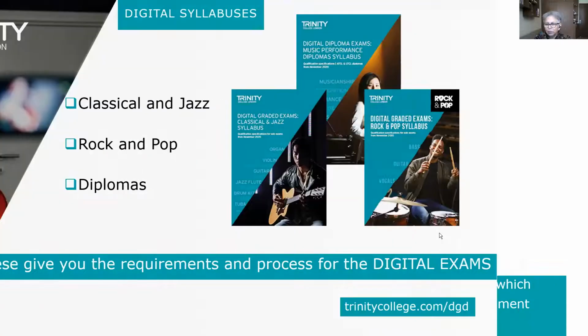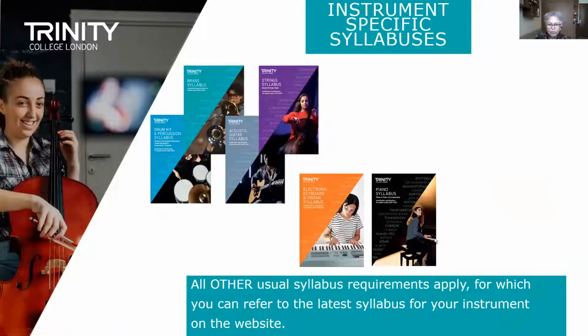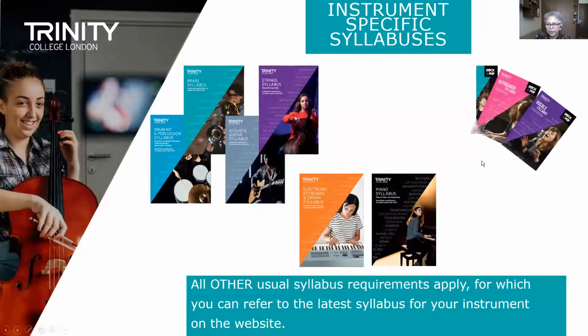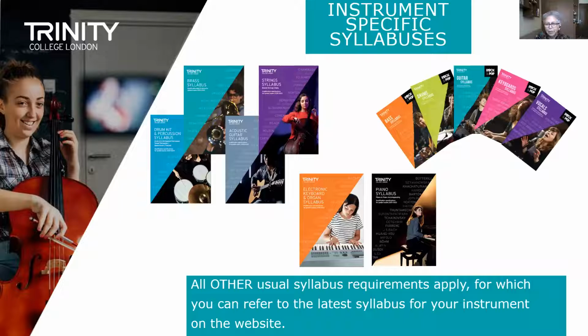For the exam, what you do need to do is refer to these. These are the normal syllabuses we had, and also the rock and pop, the 5 syllabi. And the requirements for the exam are in this syllabus: how many pieces you need to play, what the technical exercises are.